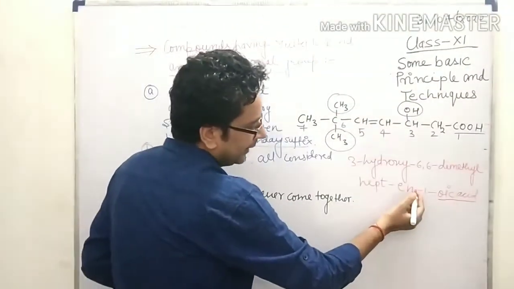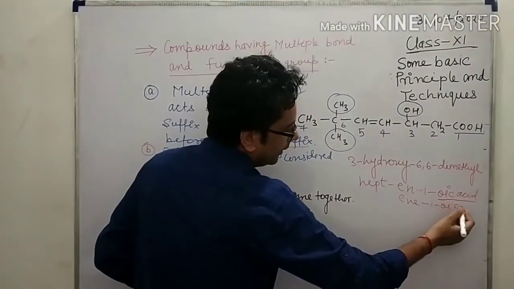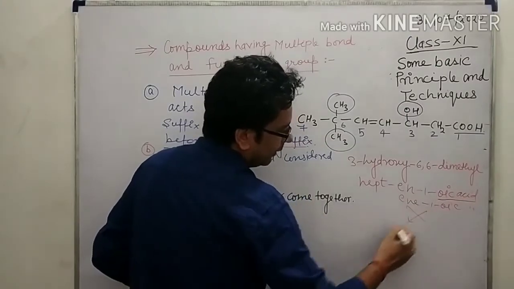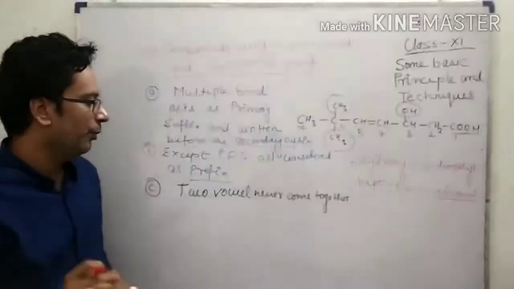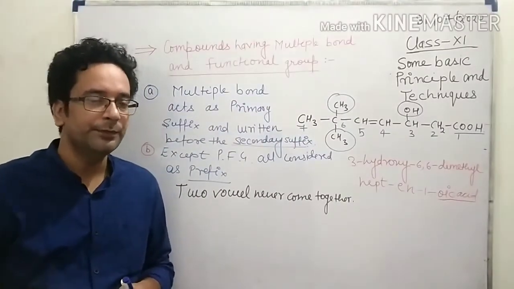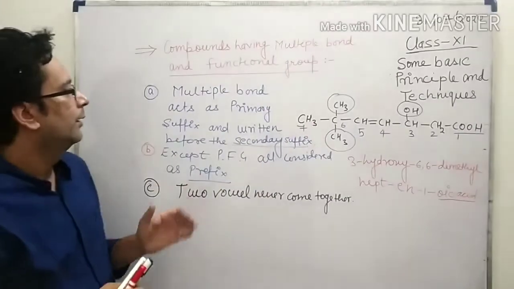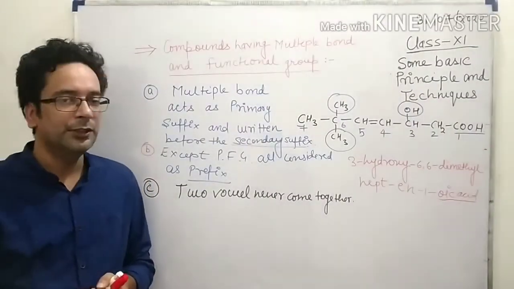So if you write ene and then 1-oic acid together, it is wrong. Keep in mind, two vowels never come together. So this is the topic, compounds having multiple bonds and functional groups.